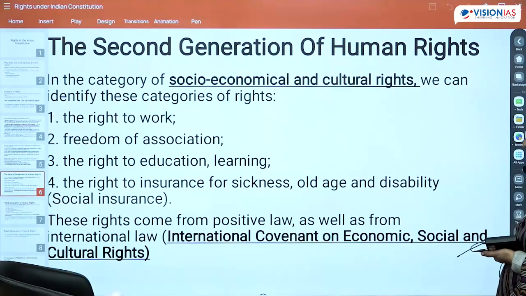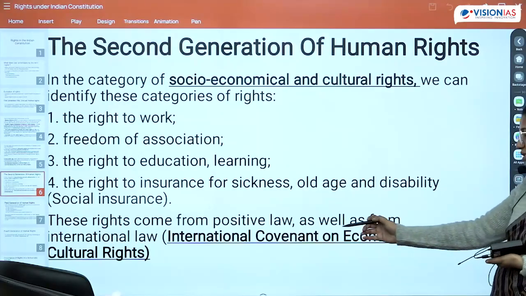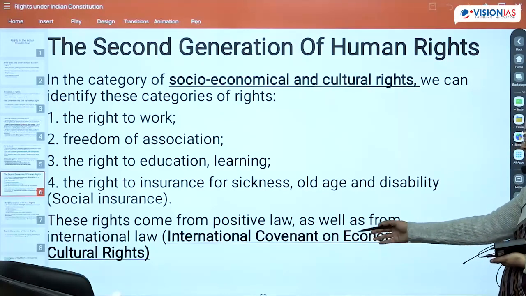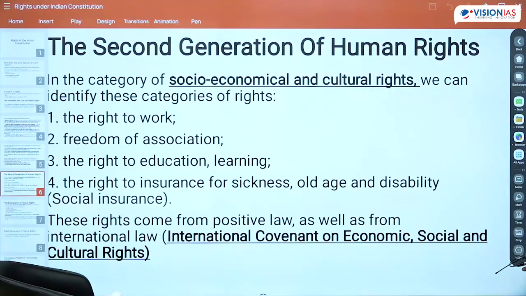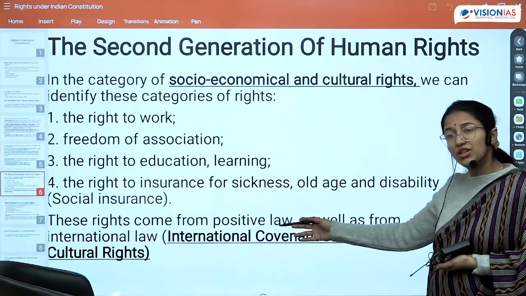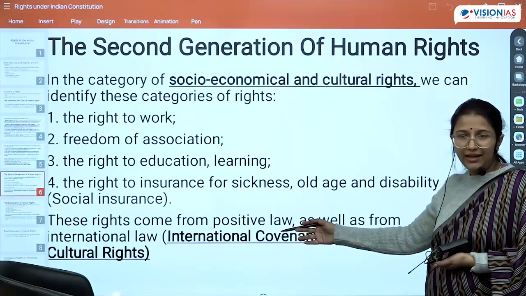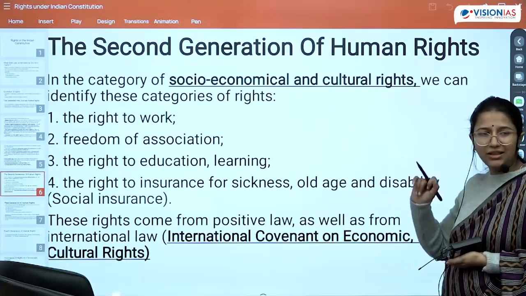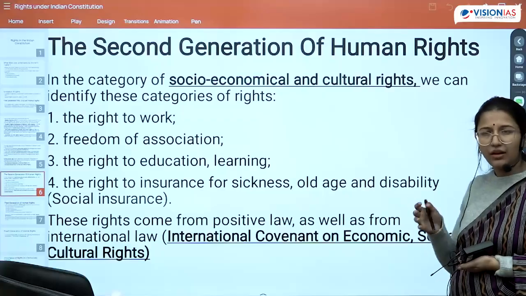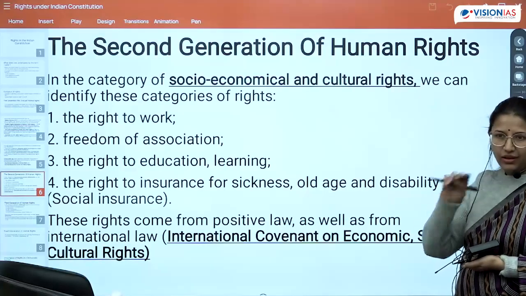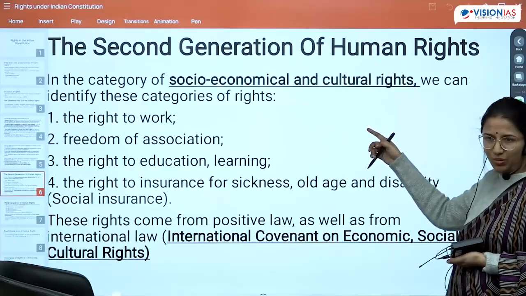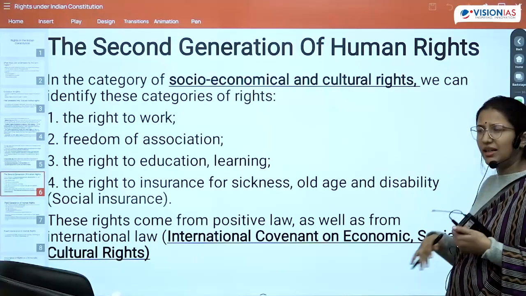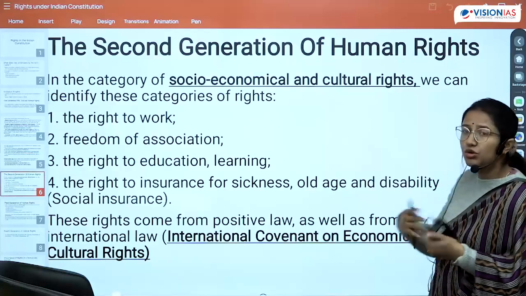All these rights have been expressed in the International Covenant on Economic, Social and Cultural Rights, and they are known as positive rights. Where are civil and political rights recognized in the Indian Constitution? In Fundamental Rights. And where are socio-economic rights recognized? In the DPSP. They are positive in nature, in that they ask the government to do something.